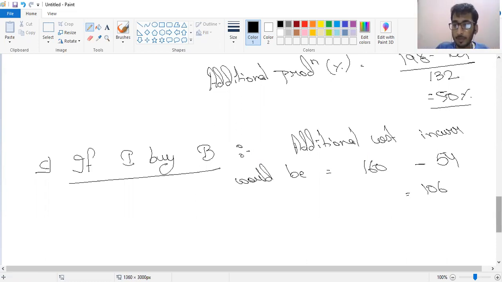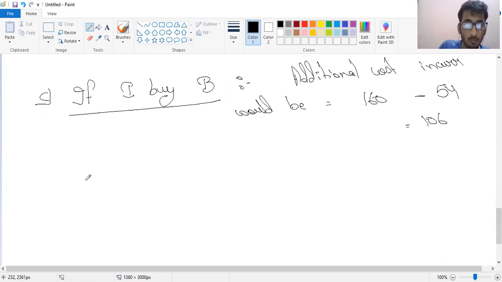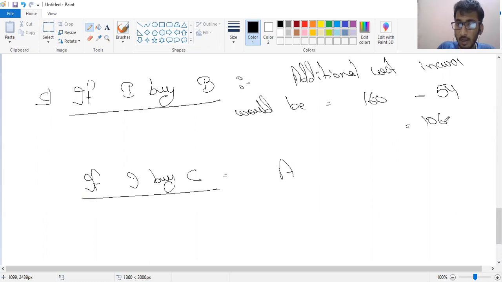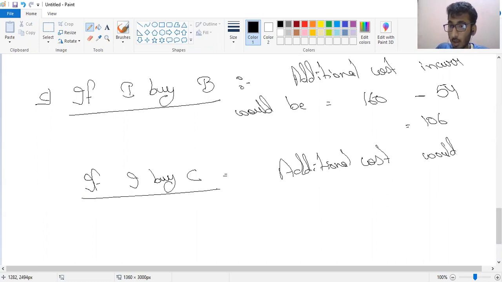If I buy C, the additional cost which I'll incur to buy would be, I'll again recommend you to write down the things.